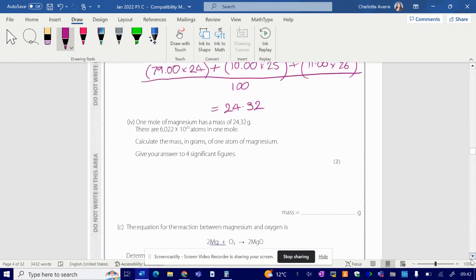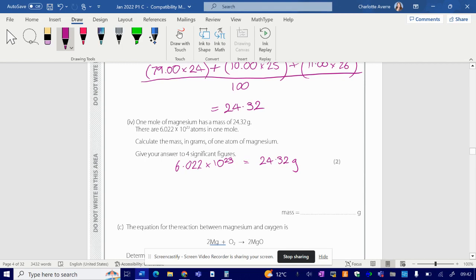Okay, 1 mole of magnesium has a mass of 24.32 grams, and there are 6.022 times 10 to the power of 23 atoms in 1 mole. Calculate the mass of 1 atom. Okay, so we know that 6.022 times 10 to the 23 atoms have a mass of 24.32 grams.